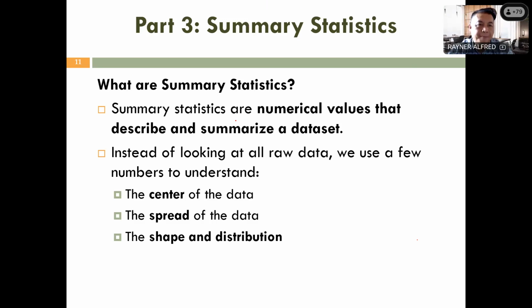So summary statistics are numerical values derived using certain formulas that we can use to look at the center of the data, how the data are spread from the center of the data, and then we look at the distribution of the data. Yeah, so we have a few methods that we can use here.